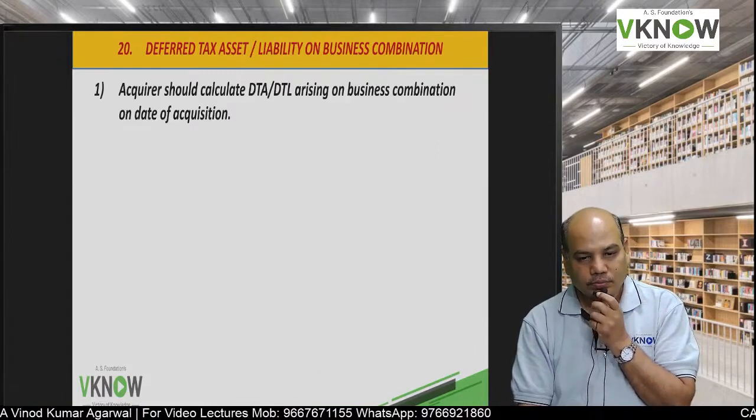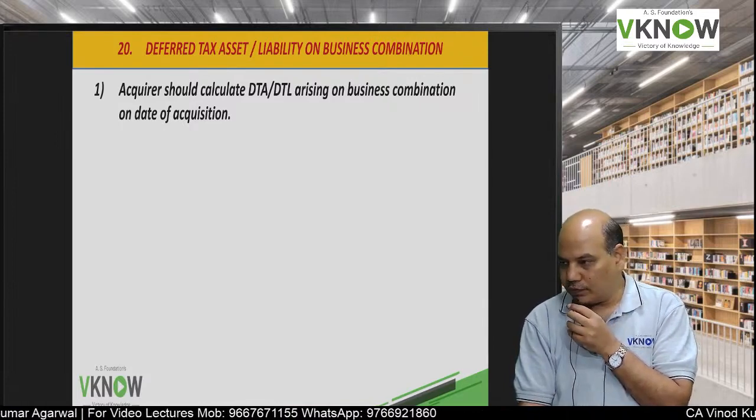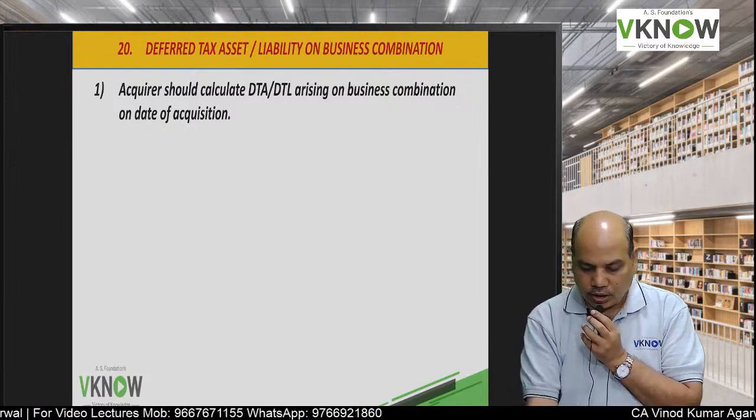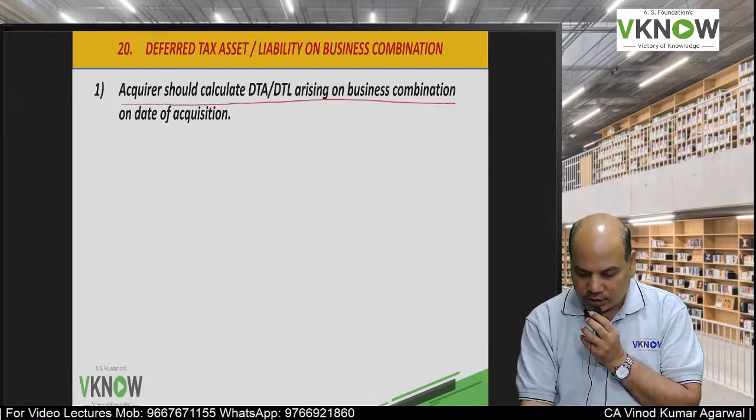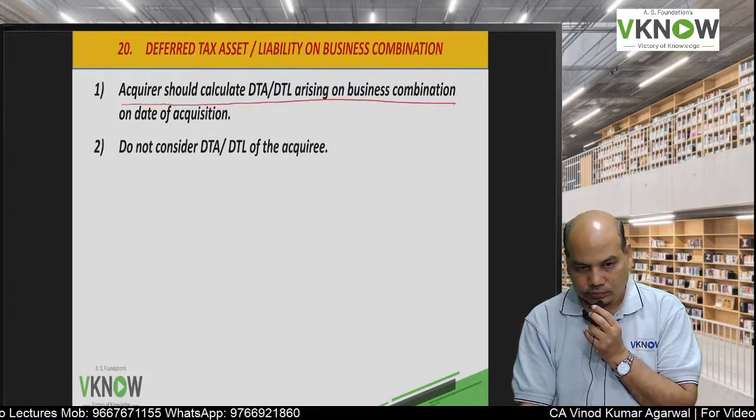When you are solving problem of business combination, then the issue of deferred tax asset and deferred tax liability will also arise. DTA detail is covered by another standard which is IND AS 12.